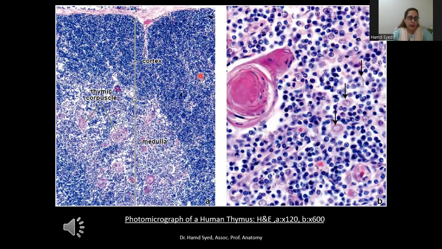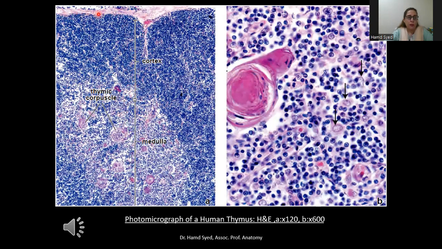On the left, we can see in the low power that the human thymus has this external part, which is the cortex, which is darker staining in comparison to the inner lighter stained medulla. So this is the hematoxylin eosin stain, and it is showing us the outer cortex and inner medullary region of the thymus.